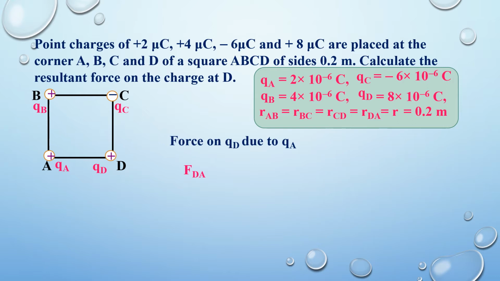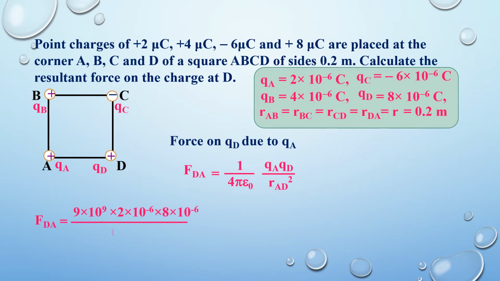The force on D due to A is equal to 1 upon 4 pi epsilon naught, QA into QD, upon the square of the distance between A and D. So I get 9 × 10^9 into 2 × 10^-6 into 8 × 10^-6, divided by 0.2 the whole square.